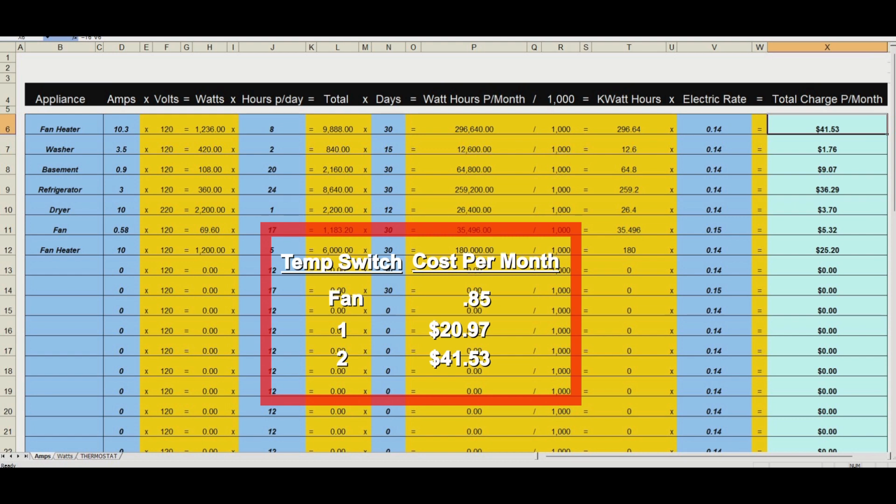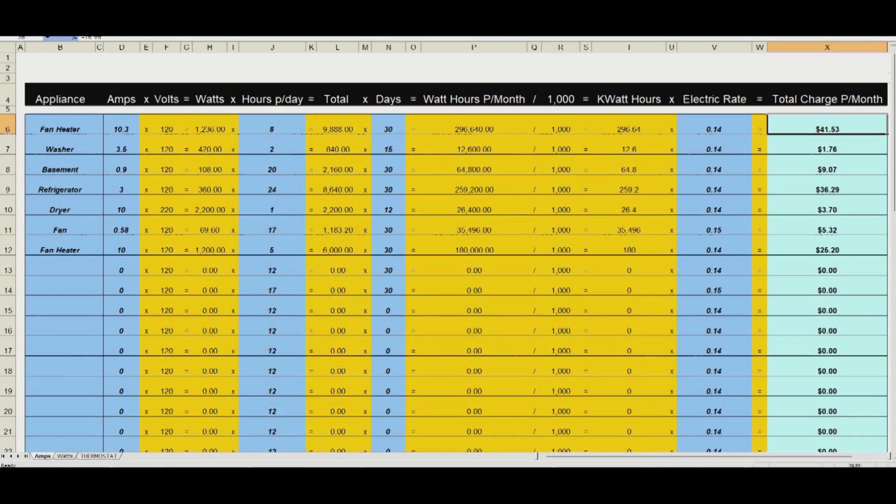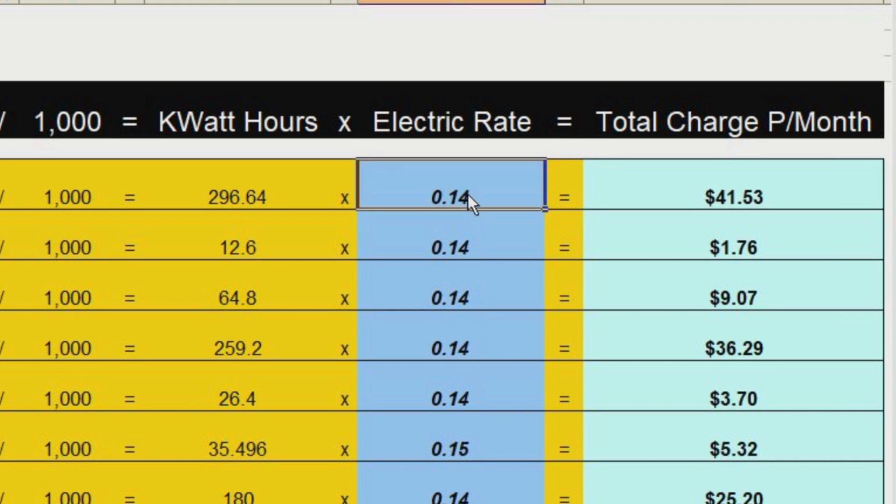If you just let it run for 8 hours straight, this is approximately the cost that you're going to be spending. Keep in mind that if you're paying more than 14 cents, let's say 19 cents, the cost is going to be higher.